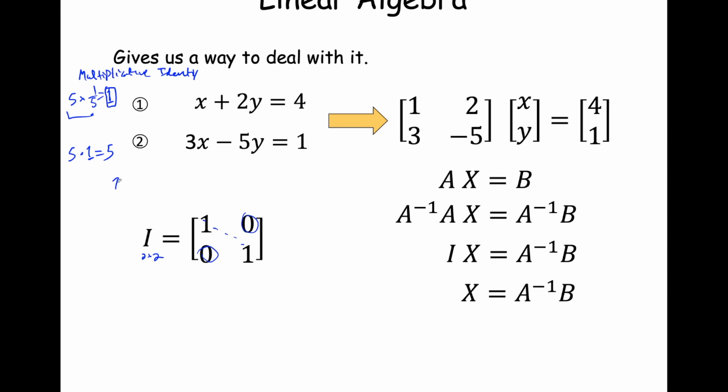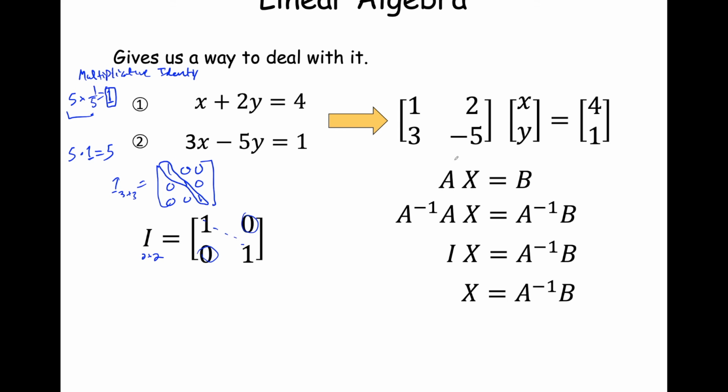If we had 3 by 3 identity, that would be 1, 0, 0, 0, 1, 0, 0, 0, 1. Again, all the diagonal elements are 1, and all the off-diagonal elements are 0. And for any 2 by 2 matrix, if we multiply it by identity, you're going to get back that matrix. You can actually show this yourself using that matrix multiplication procedure, rowing across the river, going down the stream.